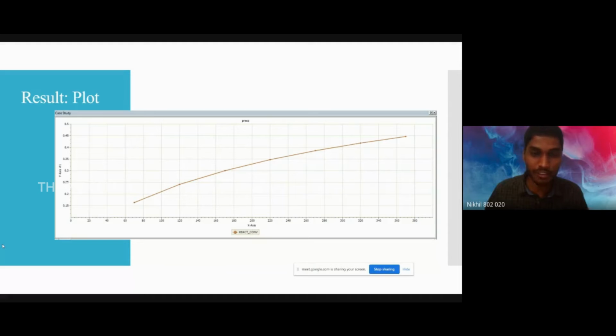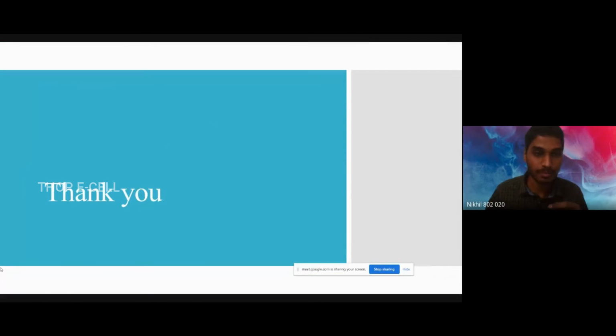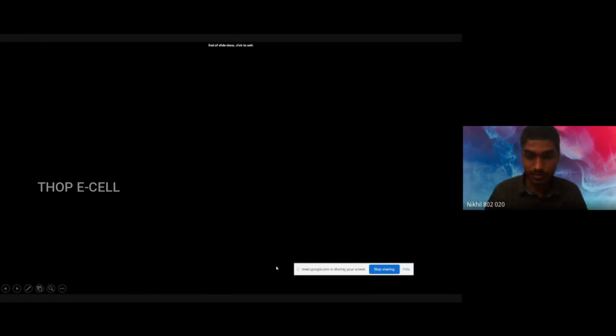If we have better strengthened reactors which are able to bear higher pressures, then by operating at higher pressure we'll obtain more ammonia, and that is how we'll be able to store ammonia, and that is how it connects to hydrogen. This is our thought, and these are our references. And thank you. Thank you.